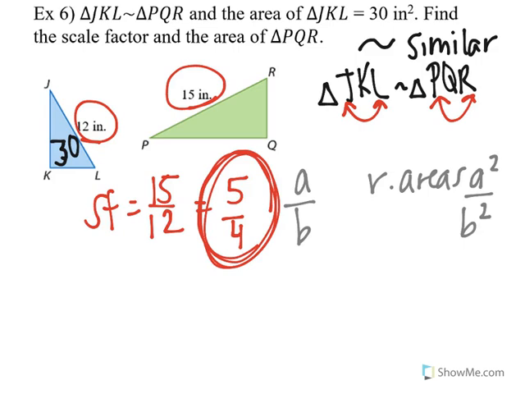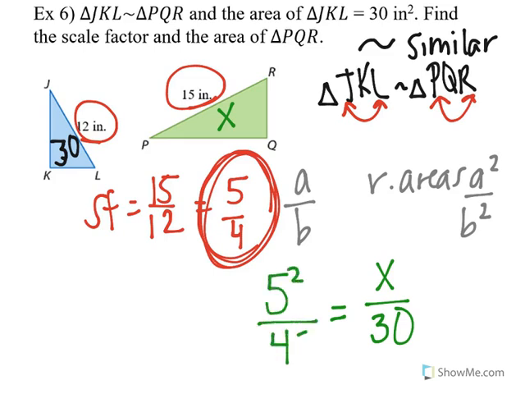I don't know the area of PQR, that's what I'm trying to find, so I'm going to call that X. But I do have the area of JKL. So my area of PQR divided by my area of JKL is equal to the ratio of my scale factors squared, so it's going to be 5 squared over 4 squared.